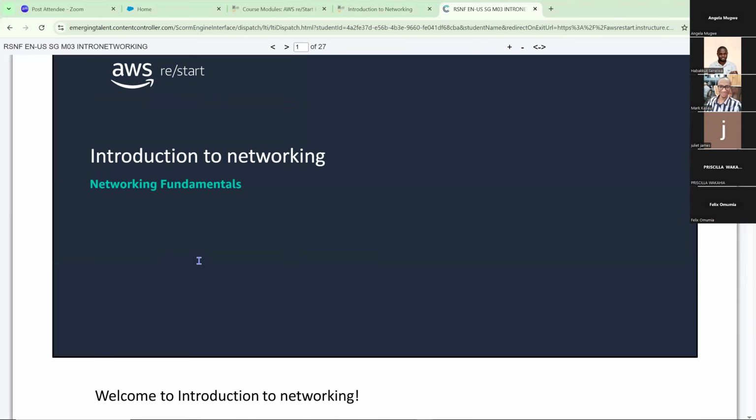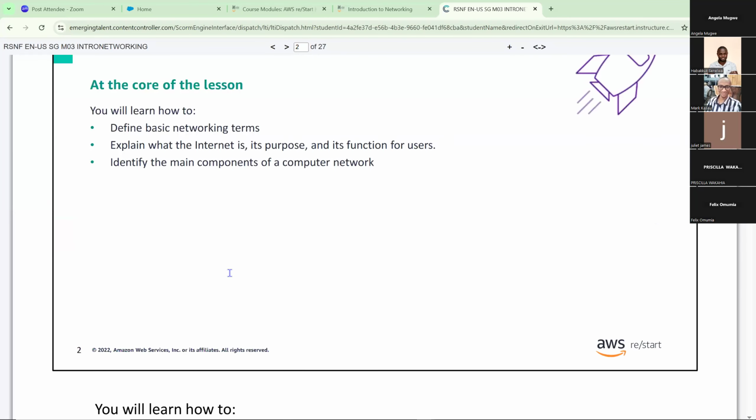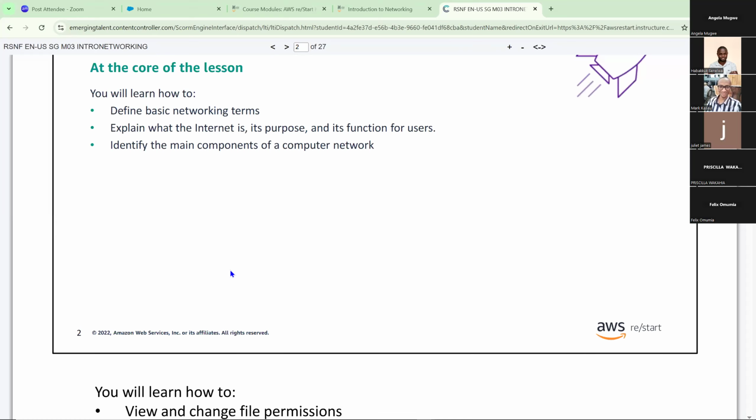Welcome to today's class, and today we want to talk about networking, introduction to networking. I know some of you might be familiar with this term, and for some of you maybe this is the first time that you are hearing networking in the context of IT, but worry not. Regardless of your level of understanding, we have a few objectives.